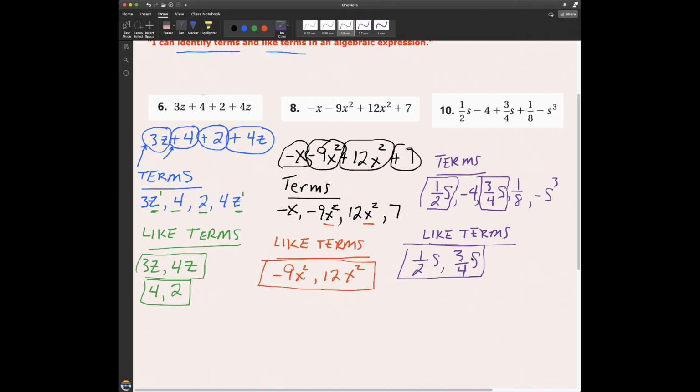Are there any others here? Negative 4 is a constant, and 1/8 is also a constant. All constants are like terms, so that takes care of these two. What about the negative s cubed? There is no other term that has the variable s raised to the 3rd power, so there is no like term that goes along with negative s cubed. So then I'm done. I've identified the terms and the like terms.